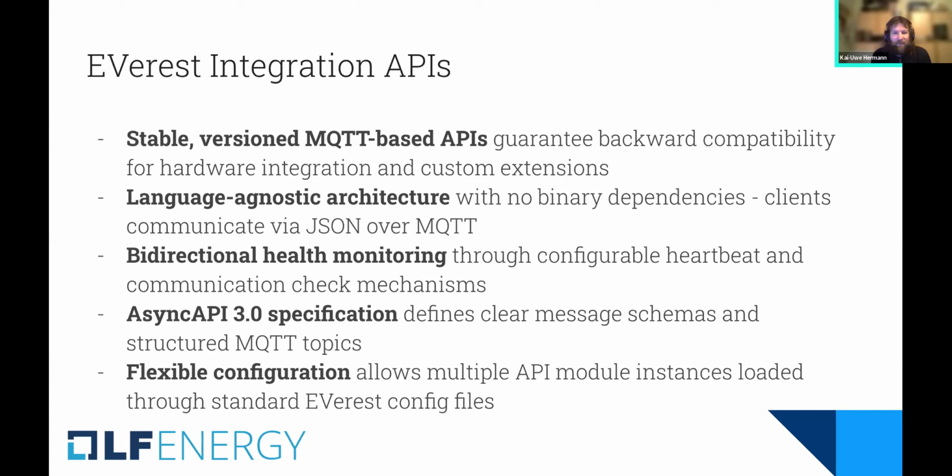This API is built on top of Async API 3.0, which means there's an API specification, but the actual implementation can be done by anyone who wants to use it in the language of their choice, as long as it can serialize and deserialize JSON and speak MQTT.